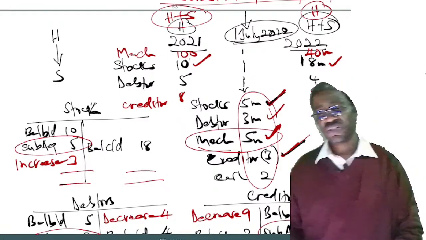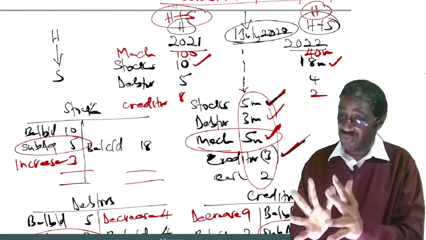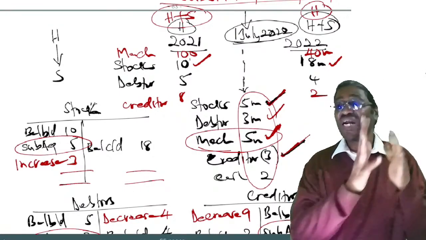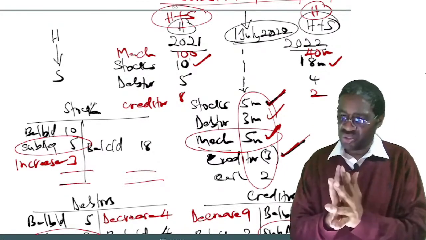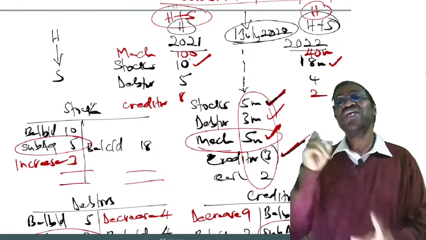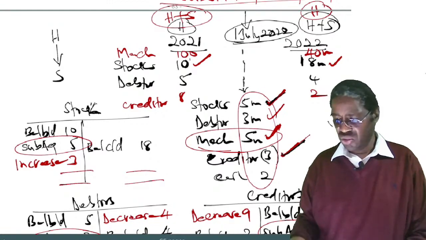Good. So we have said any asset of the subsidiary company at the date of disposal should be credited in the respective asset account, and any liability of the subsidiary company at the date of disposal should be debited in the respective liability account. Good.